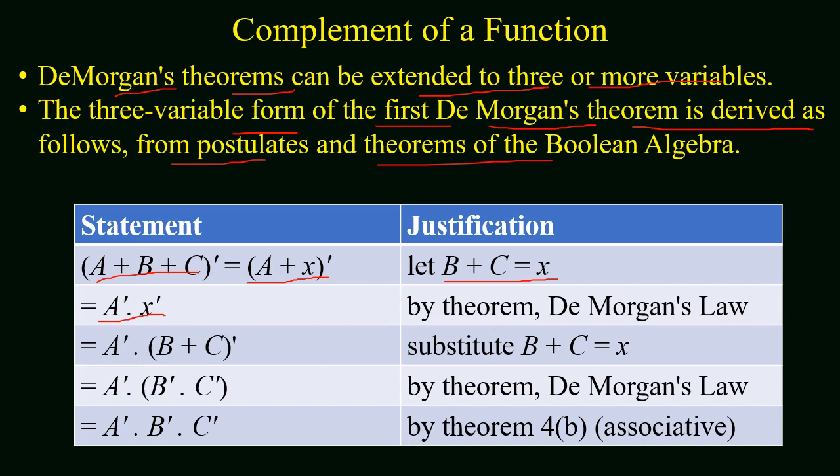Now substituting back the value of x, which is b plus c, we will have a prime into (b plus c) whole prime. Again applying De Morgan's law, we will have a prime into b prime dot c prime. Now using the associative property, we know that changing the order won't affect the result of multiplication, so this will be equal to a prime dot b prime dot c prime.